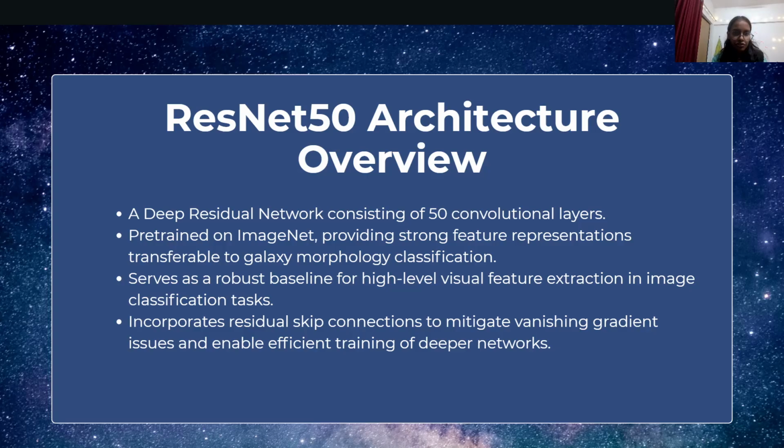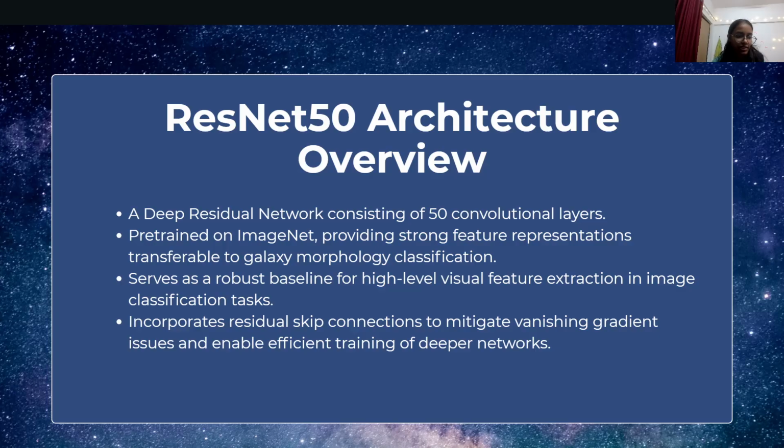One key reason for choosing ResNet50 is that it's trained on ImageNet, which is a massive dataset with over a million images across 1,000 categories. This pre-training allows the model to learn generic visual features such as edges, textures, and object shapes, which can then be transferred effectively to the domain of galaxy morphology classification, which we can use in this dataset.